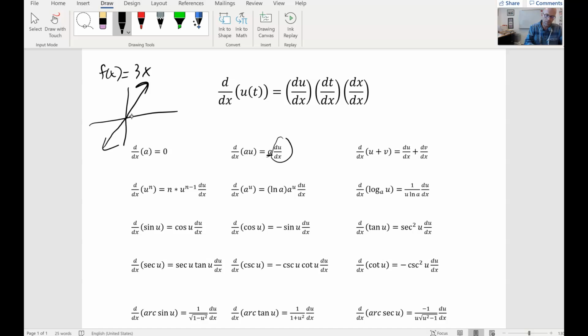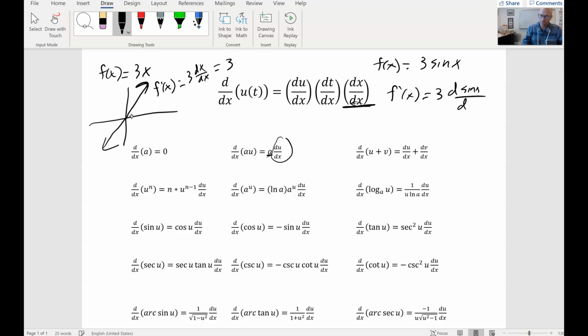So, for example, in this case, the derivative of this would be 3 times dx/dx, which of course is just 1. So this would just be 3. But if f of x is equal to, say, 3 sine x, then the derivative of that would be equal to 3 times the derivative of sine x.